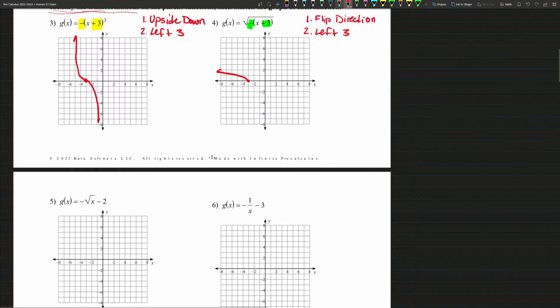Number 5, this is a square root function. First thing, we have to flip it upside down. This minus 2 on the outside, it's not inside, it's outside, means we go down 2.